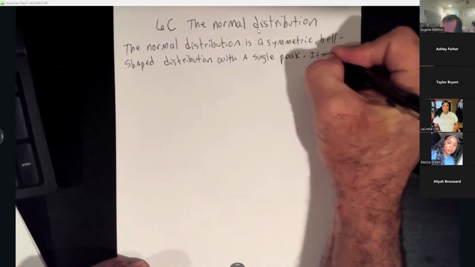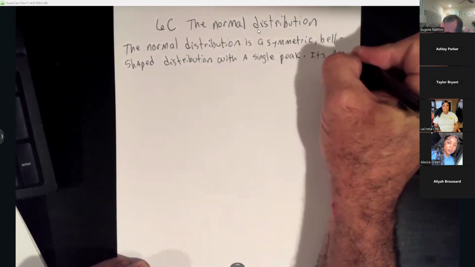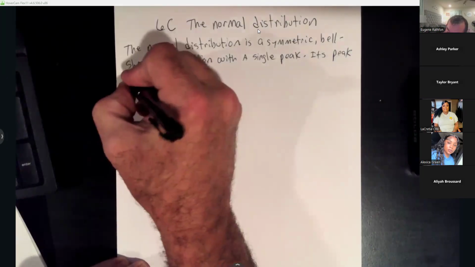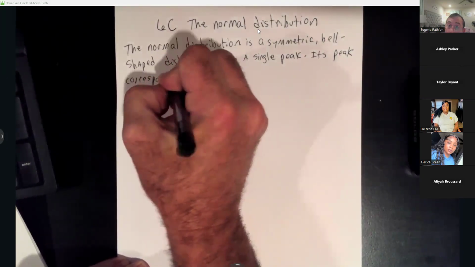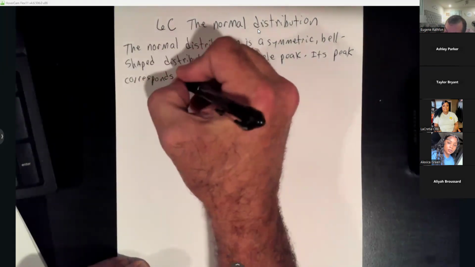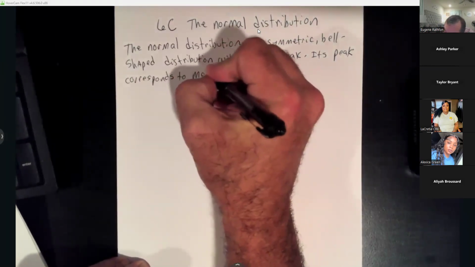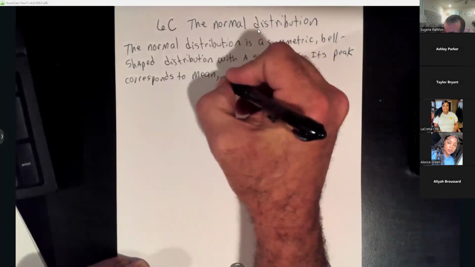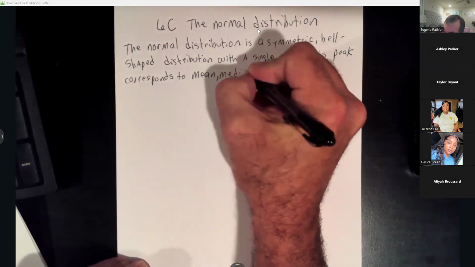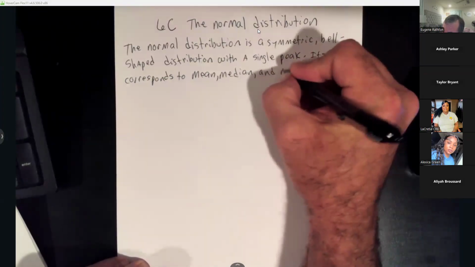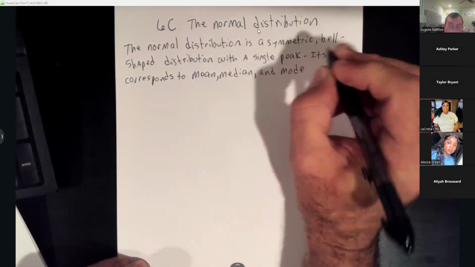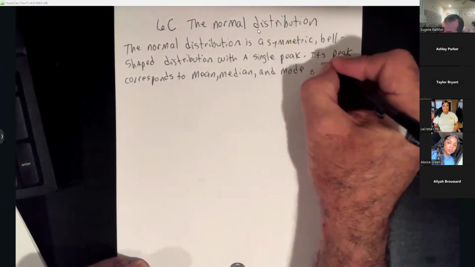So, its peak corresponds to the mean, median, and mode of the distribution.